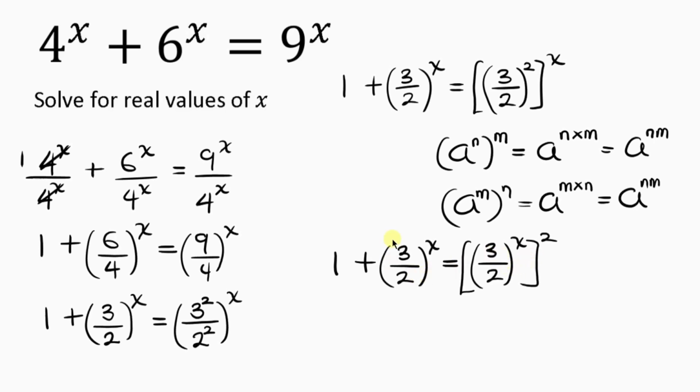Now notice I have (3 over 2) to the x appearing more than once. So I can say let (3 over 2) to the x be equal to m. So it goes to show that whenever I see (3 over 2) to the x, I'm going to be putting m there. Let's go ahead and do that.